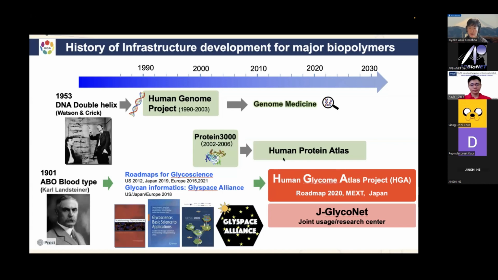And we finally started the official project this year, 2023. This is a 10-year-long project, and it's really exciting to be able to start working on a reference human glycome. We're hoping to aim for that by the end of this project. The foundation of this project is also the J-GlycoNet, or Joint J-GlycoNet Research Network, a collaborative network in Japan, which I will also describe later.